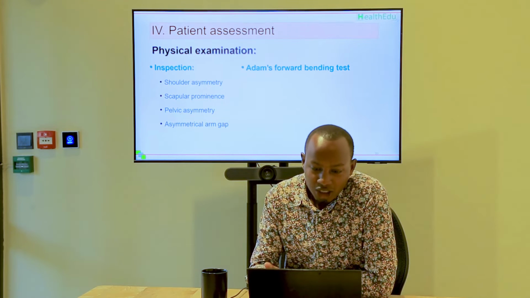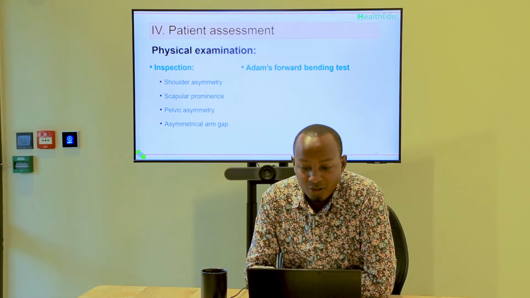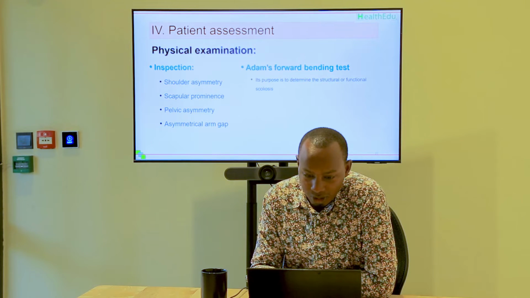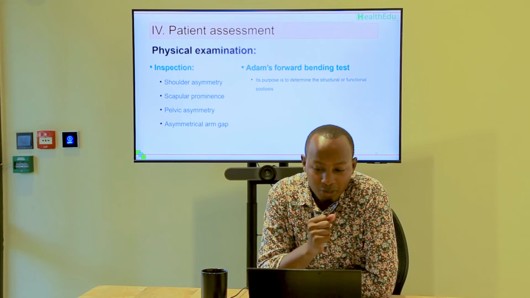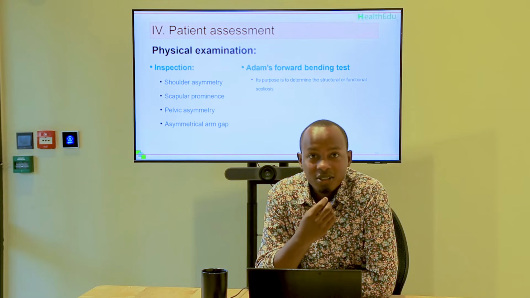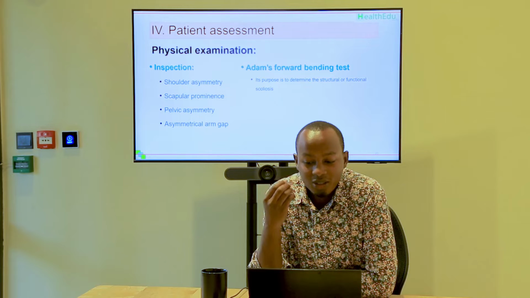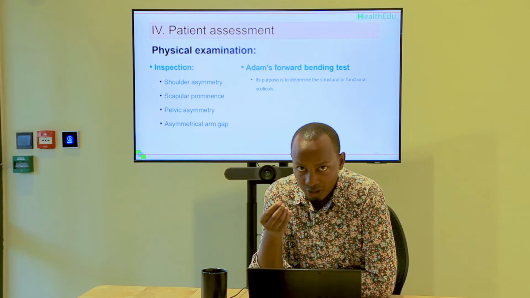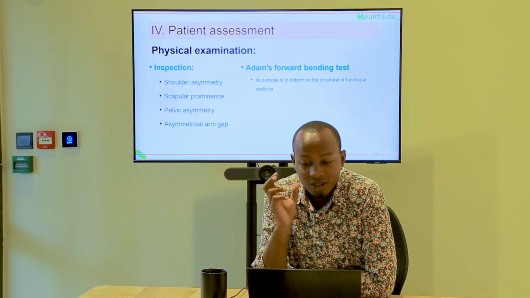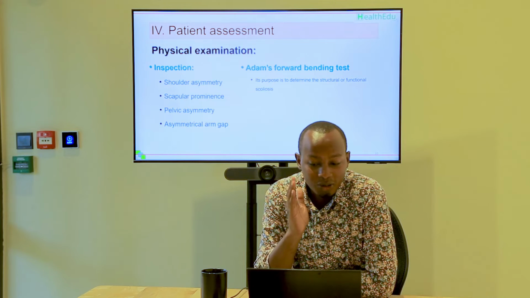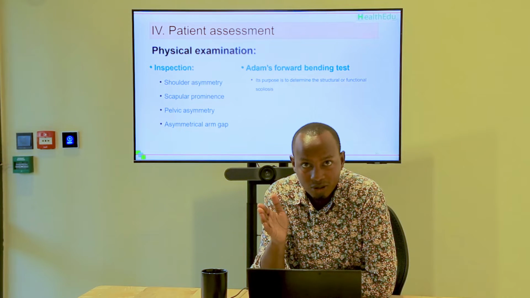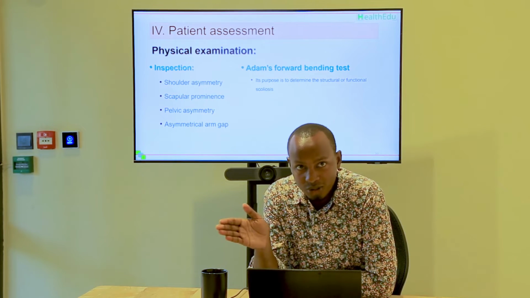As I promised you, we need to understand what the Adams forward bending test is. The Adams forward bending test has the purpose of determining whether it's a structural or functional scoliosis. Remember that we talked about structural scoliosis and non-structural scoliosis, where the patient bends to the right side.